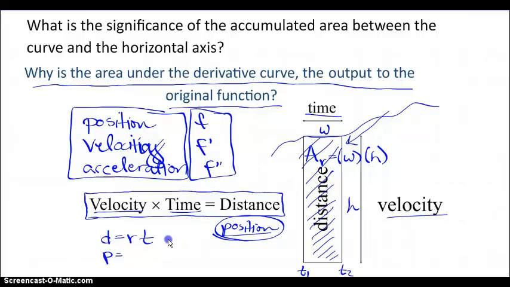So this is a specific context, but hopefully that helps you understand why accumulated area in the plane underneath the derivative function gives us outputs on our original function.